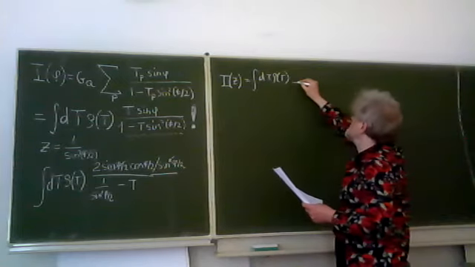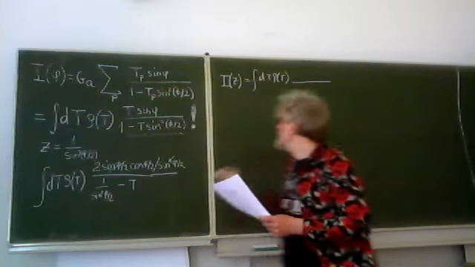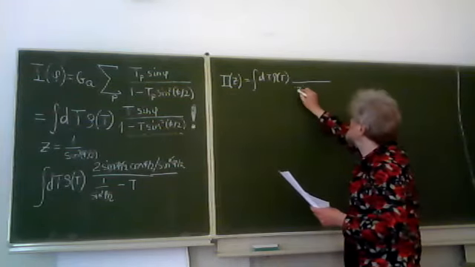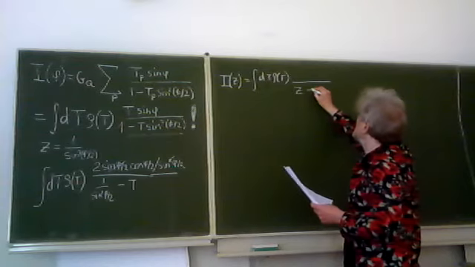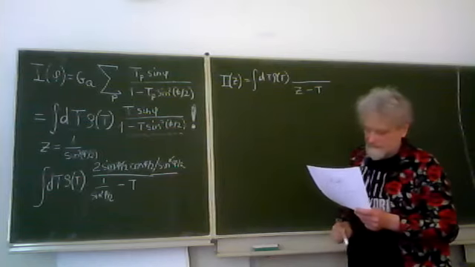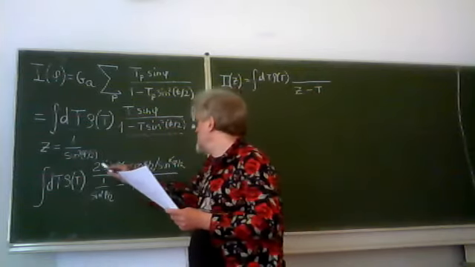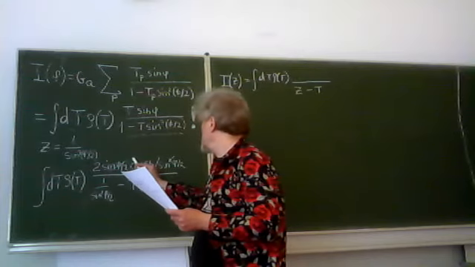As far as the denominator is concerned, it is simple. It becomes z minus t. A little bit more complex manner.